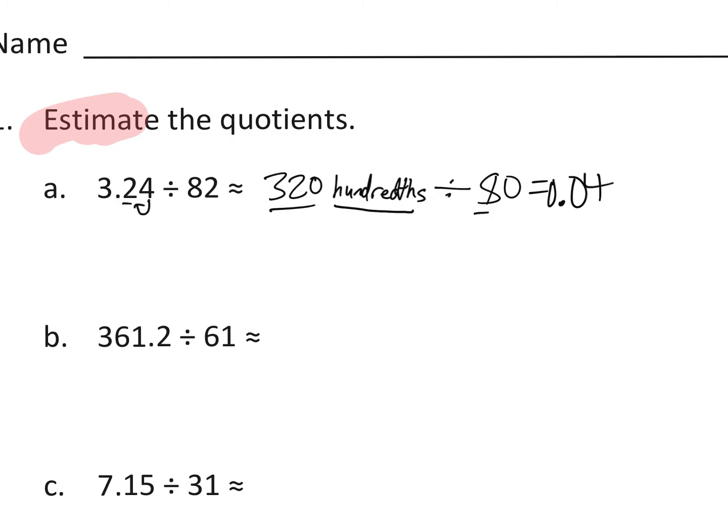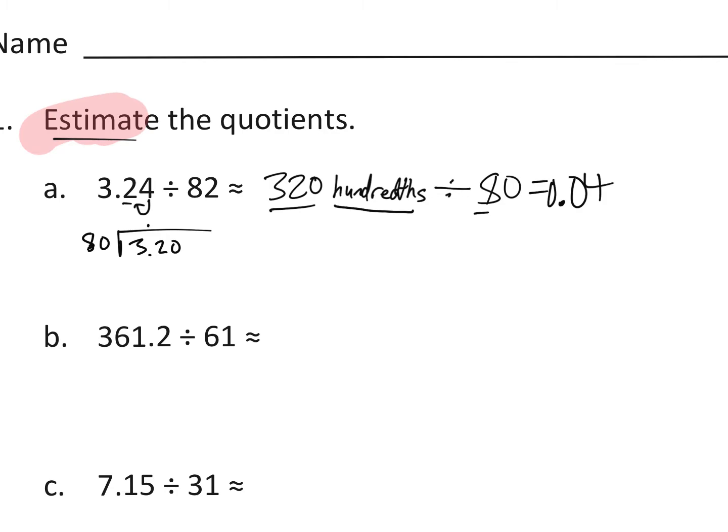There's a couple different ways you could do it. We're estimating, so the best thing to do is always start off with rounding and see if it gives you something easy to work with. If not, we could also do it like 3.20 divided by 80.